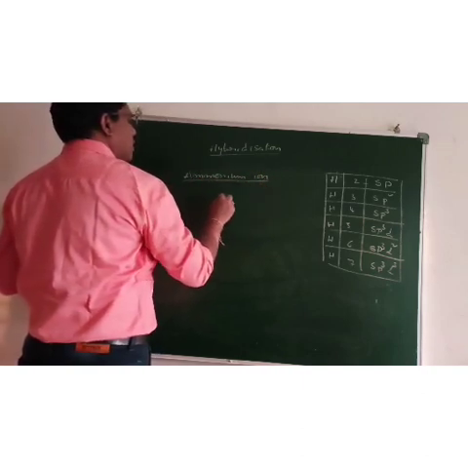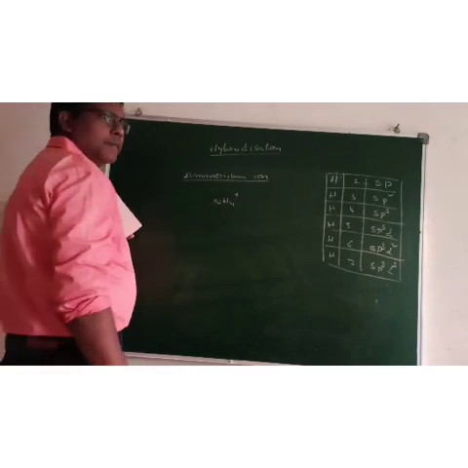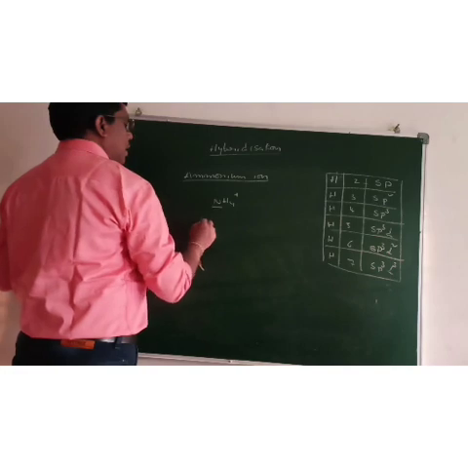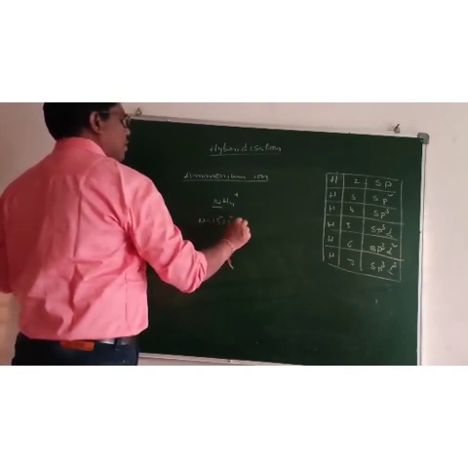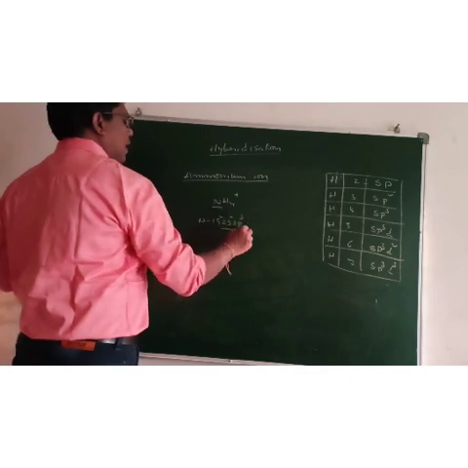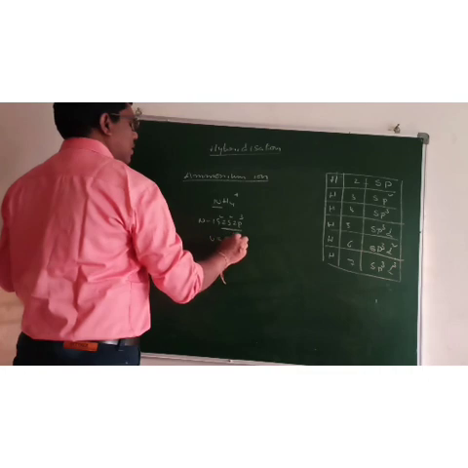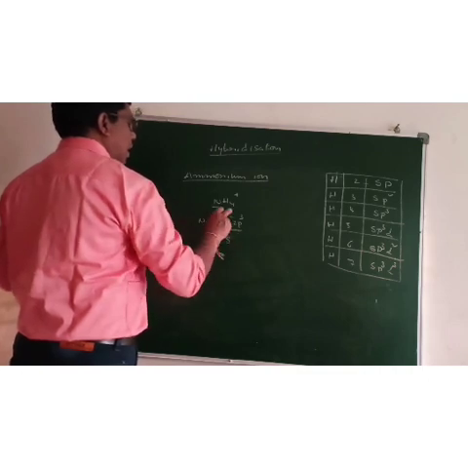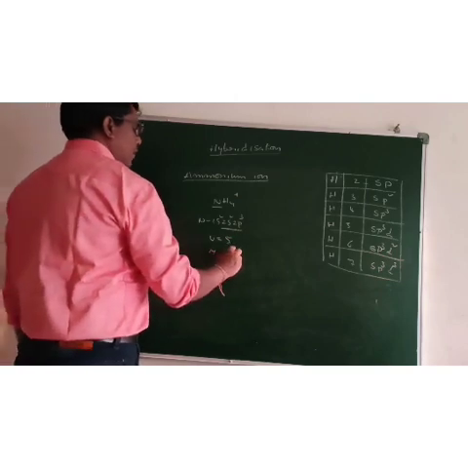Its formula is NH4 plus. The central atom is nitrogen. Its electronic configuration is 1s2, 2s2, 2p3. So it has 5 valence electrons. Here hydrogen is a monovalent radical, so its M value is 4.